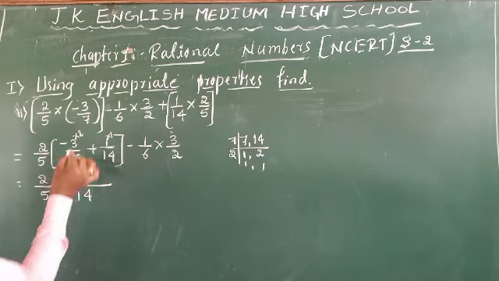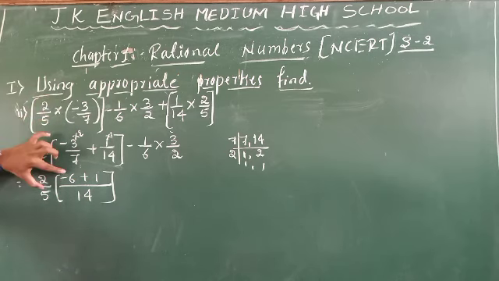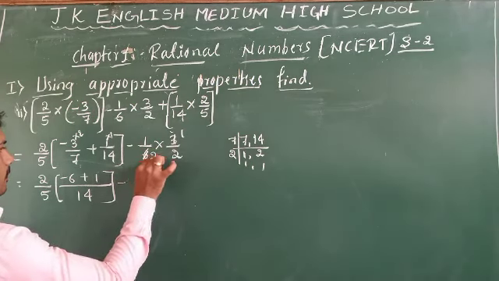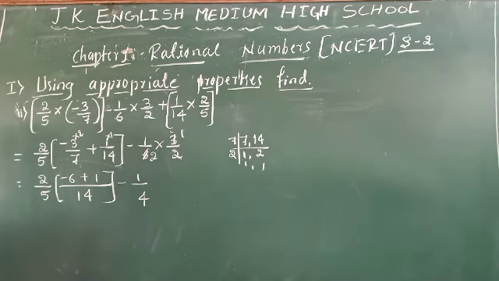Correct? Next, 3 twos are minus 6 plus 1. Correct? 3 twos are minus 6, 1 ones are 1, divided by 14, minus 3 ones are 3, twos are 4. Correct? Okay, next.